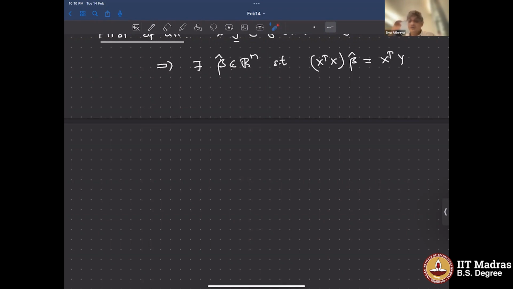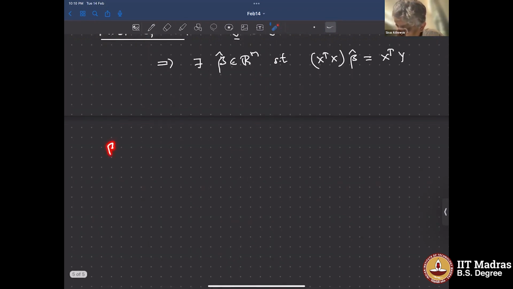Now, how do I show it's unique? Let's go step by step. Let's look at what I am trying to do. I take a beta in R^m, and I look at the L2 norm of Y minus X beta, squared.